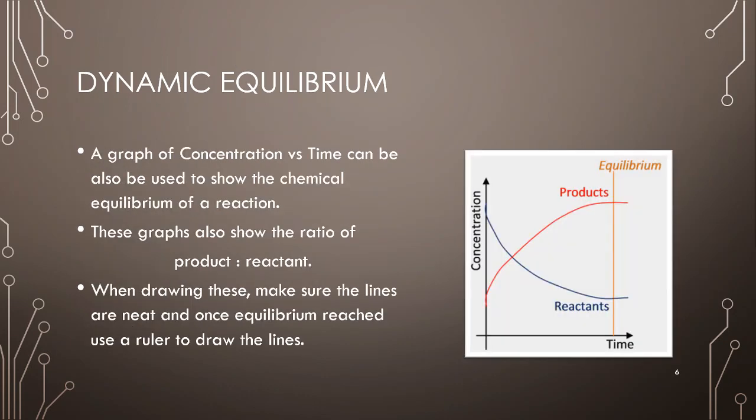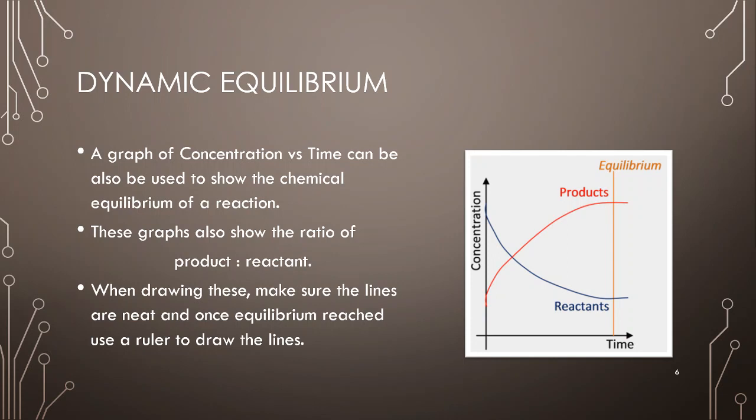So if you were able to measure the concentration by looking at pH, you are able to plot this kind of graph, okay? Concentration versus time can also be used to show the chemical equilibrium of a reaction.